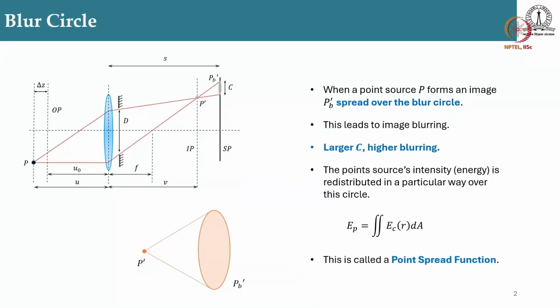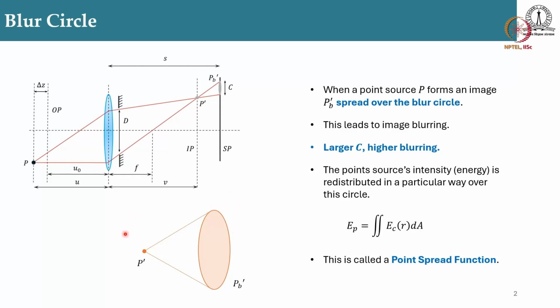If we revisit blur circles, we have seen that if we offset a point away from the object plane by delta z, the imaging plane is also shifted away from the sensor plane. This leads to formation of a blur circle over the sensor plane, where this point information is now spread over a circle. So this point information forms an image here, but this is now spread over a circle when captured over the sensor plane.